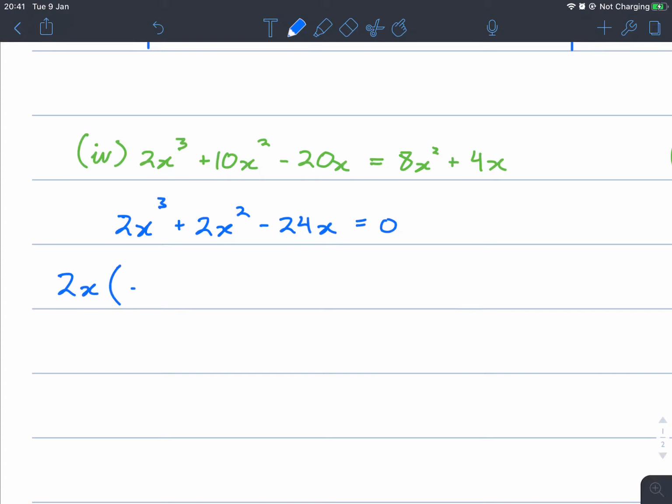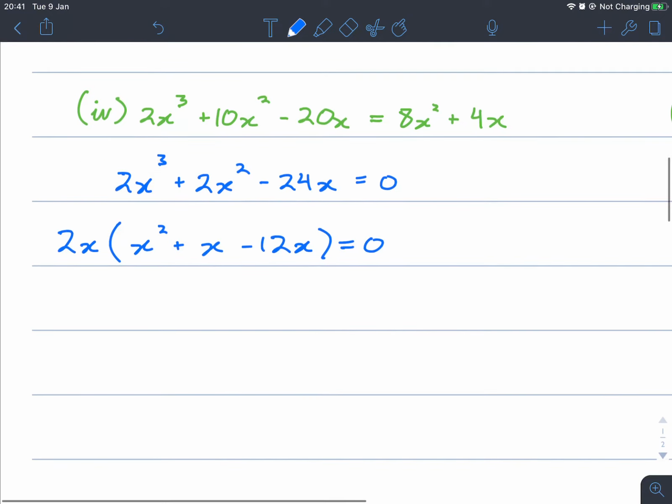This will give me x squared plus x minus 12 equals 0. We now need to factor this one again. I can think of two numbers for this, so this is going to be x plus 3, x minus 4. The 2x is still there in the front.